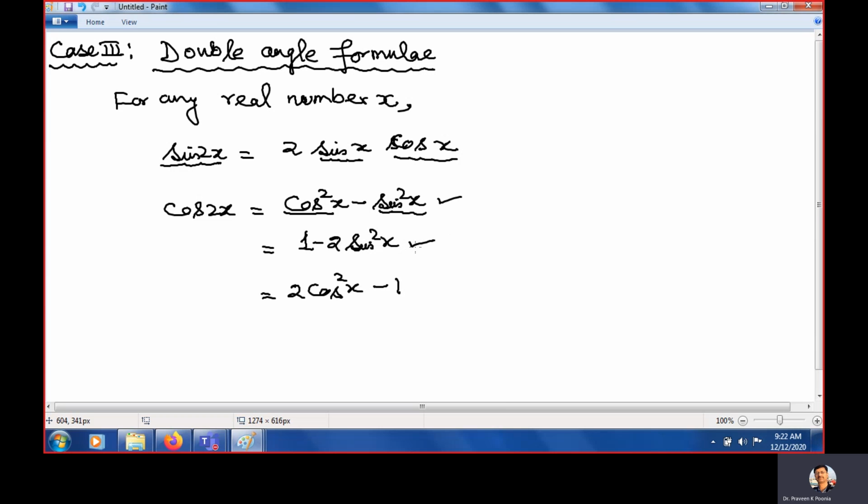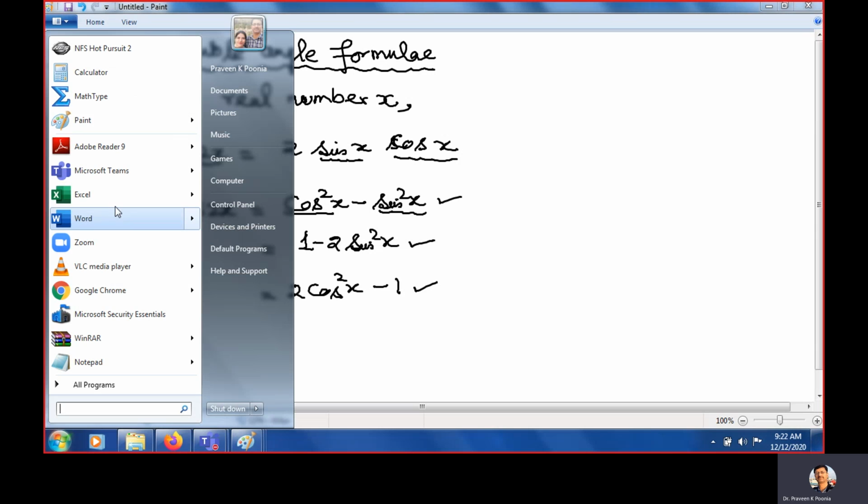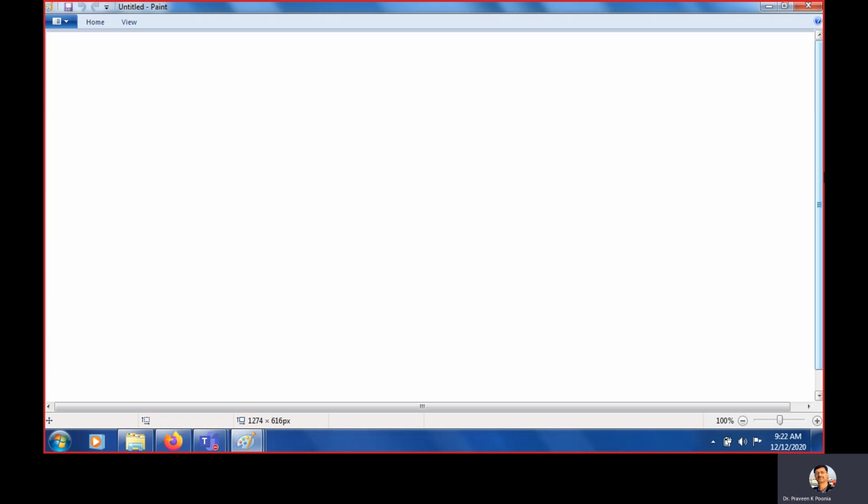If only cos x is given, you need to use this formula. Okay? We will solve one question, because only one type of problem is possible here. We use these formulas at various places, but as far as numerical problems are concerned, in your course material only one type of problem is given.